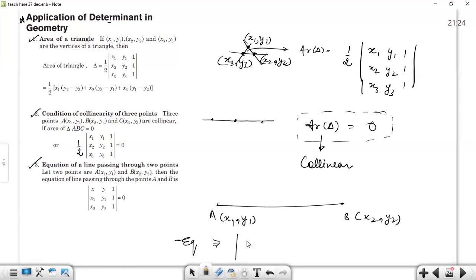Write x and y as the general variables, and the third column will be completely 1. The first point goes in the second row, the second point in the third row. This should be equal to 0. Now solve this. You'll have x and y as general variables, and the others are points, so they are going to be constants. This is how you are able to find out the equation of a line.